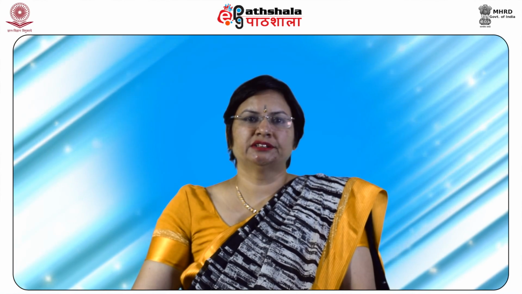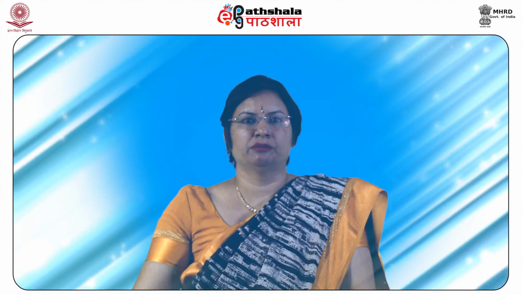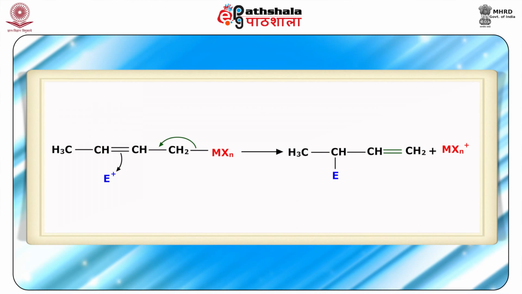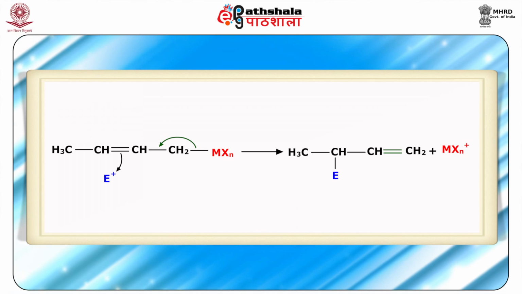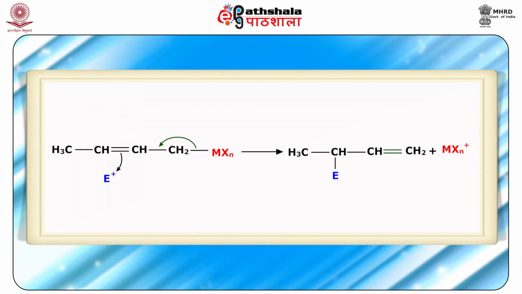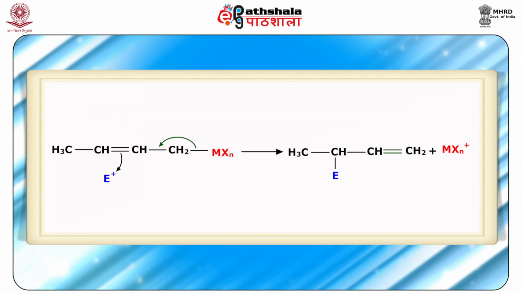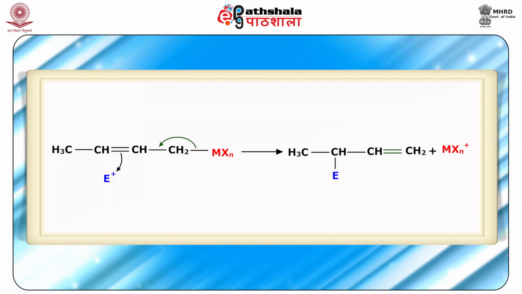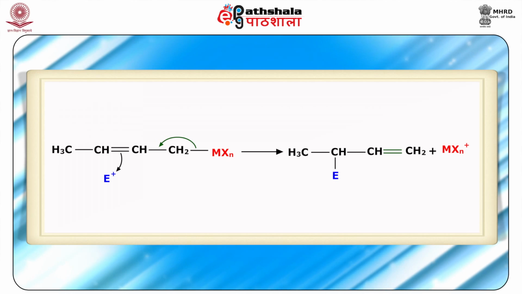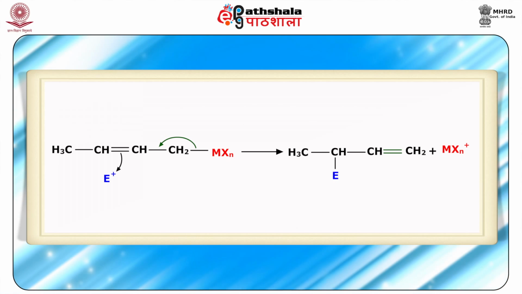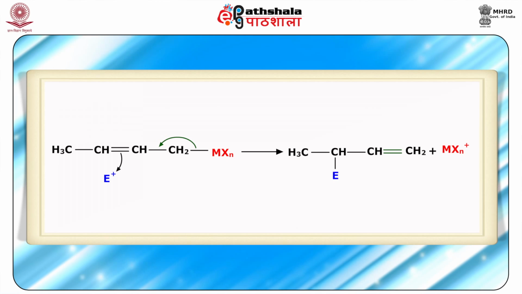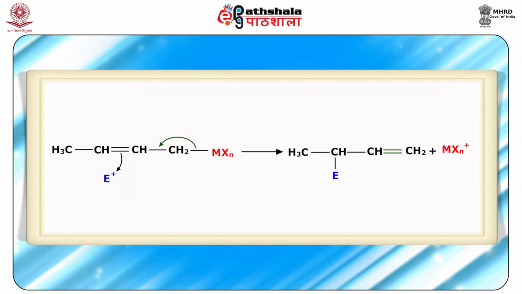Here the prime represents the rearrangement, and the general scheme of the reaction you can see is shown here, where this allylic alkene bond is attacking the electrophile, and in turn this MXn will get removed and the double bond is created between these two carbons. So, there is a rearrangement which is happening via this electrophilic substitution.